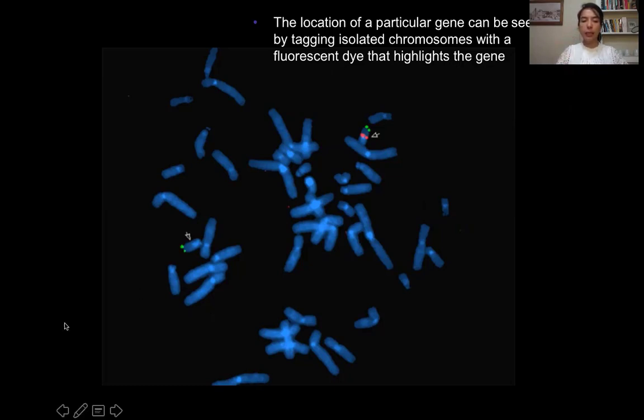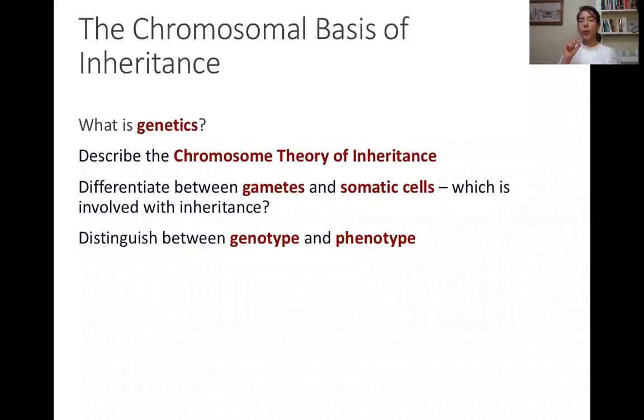So in this case, we have a particular gene of interest in this chromosome and another gene in this other chromosome. What allows us to get to this point?